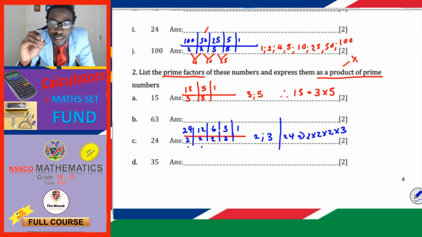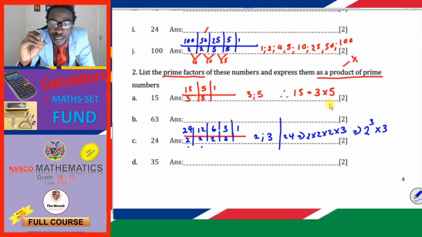There are three 2's and a 3. If you want to write it in another way, you say 2, there are 3 of them, and multiply by 3, which is only 1. So that's how we express 24 as a product of its prime factors.